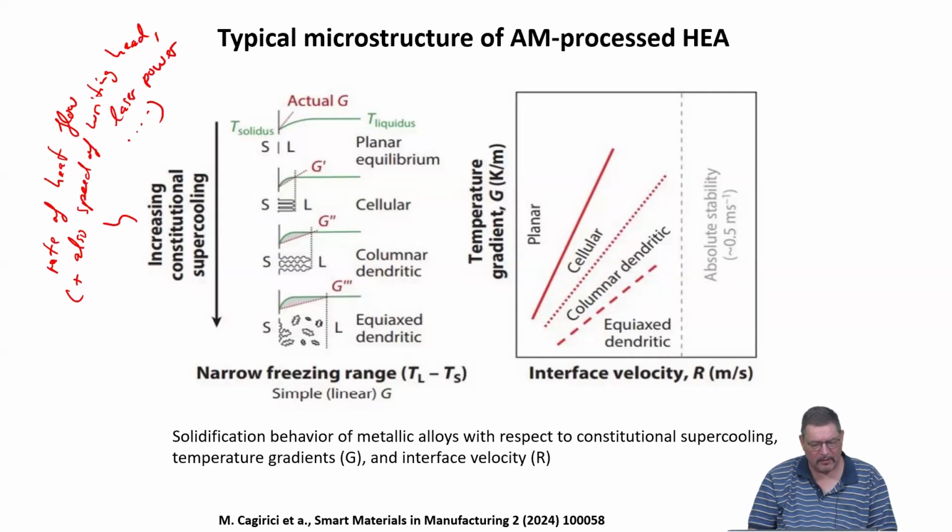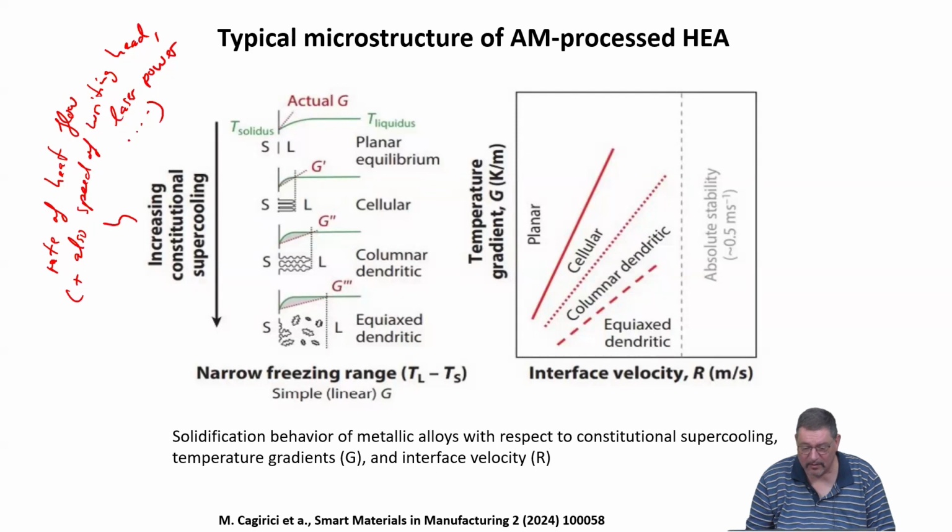You will get additional different constitutional supercooling. Normally cooling speed is proportional to supercooling, and then you get from planar equilibrium structure something which is more related to Bridgman solidification, to something which might be very dendritic, which is similar to what you get in arc melting or laser cladding.